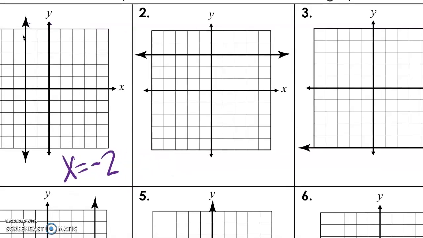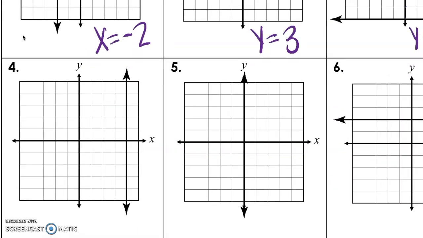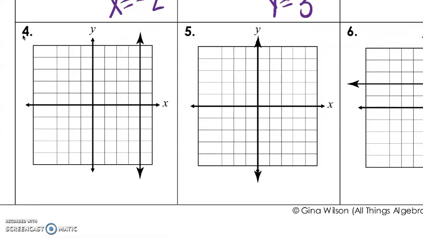Number 2, no matter what, we go up 3, so y is equal to 3. Number 3, looks like we go down 5, so y equals negative 5. Number 4, we go right 4, so x equals 4.